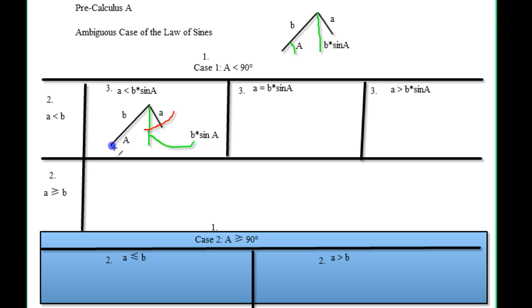I have to somehow meet this imaginary red line that I'm going to draw out. The red line is not permanent, but it will be there if a is long enough. So if a is not longer than b times the sine of A, and that's the only numbers I have to compare, I don't do this problem because there's no triangle for it.